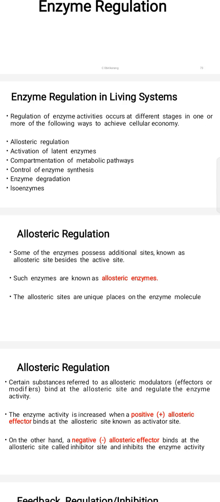So when you say regulation, in layman's language, regulation simply means you controlling something. Do you get it? So we are coming to look at how enzymes control the living system.